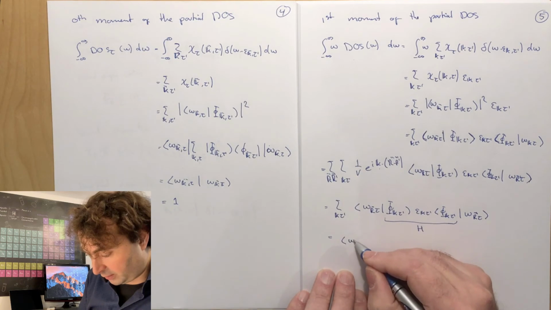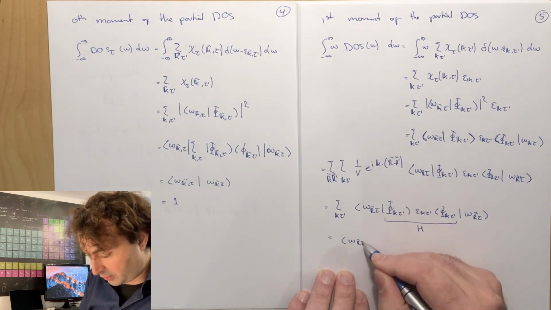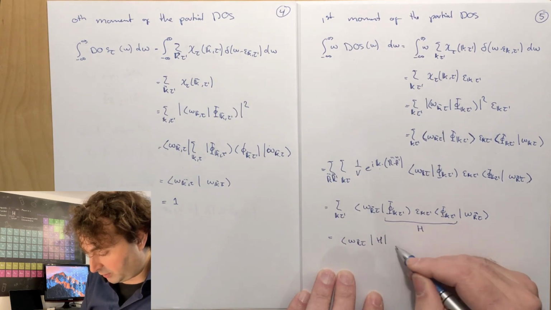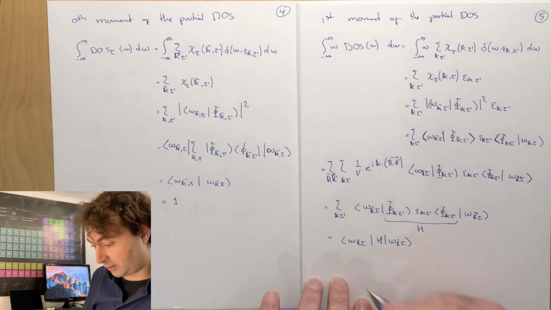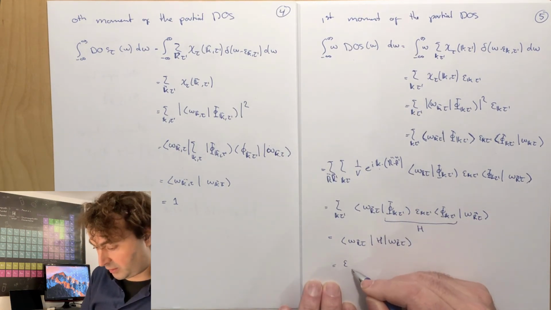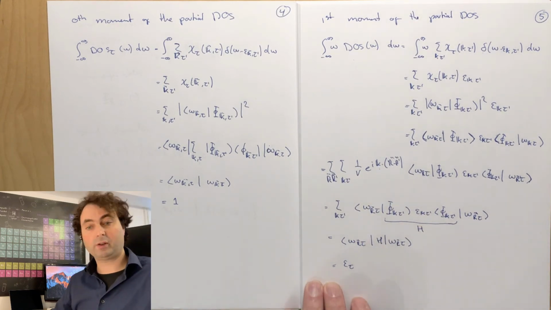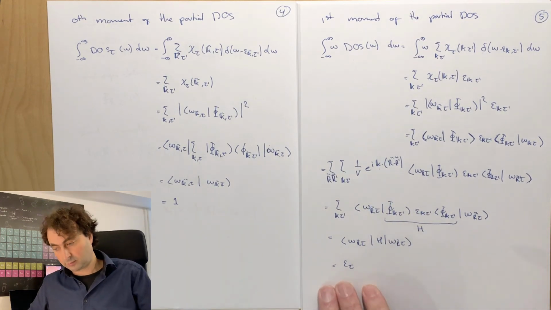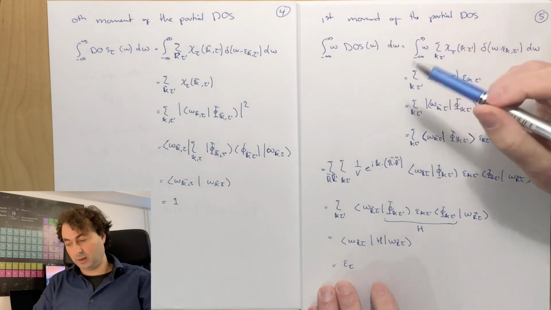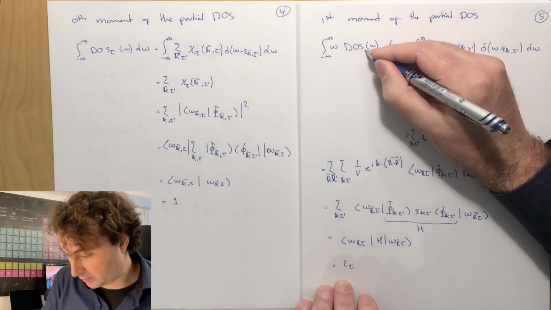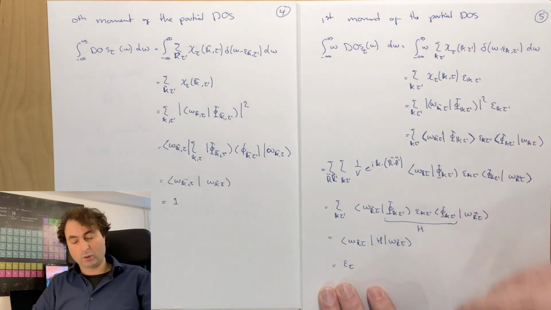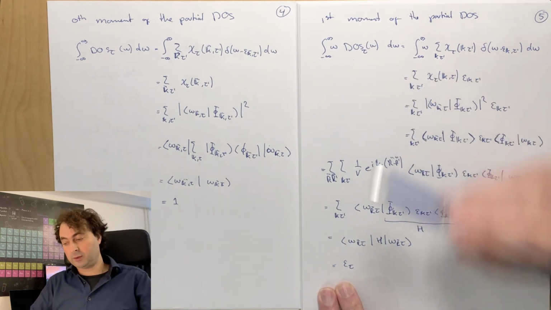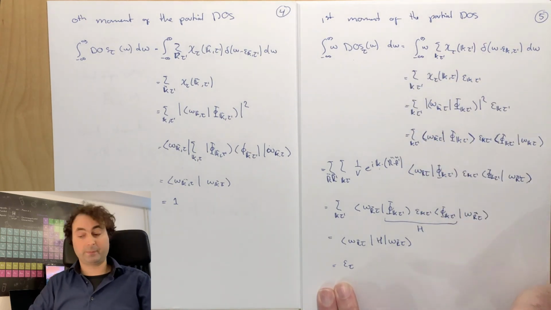So what we have here is the Wannier function, local, the Hamiltonian, omega r tau. And this is nothing else than the on-site energy of our Wannier function. So we see that the first moment of the partial densities of states is given by the on-site energy of the orbital to which we project.